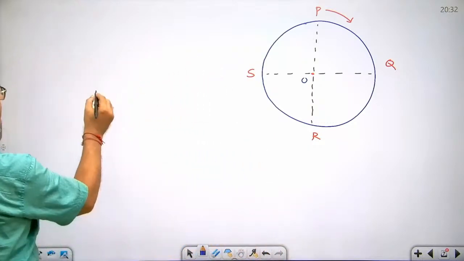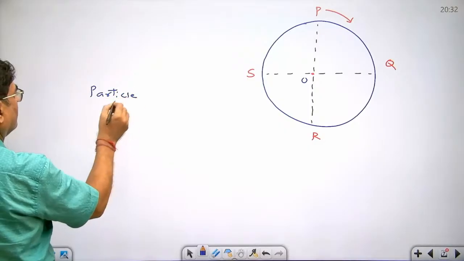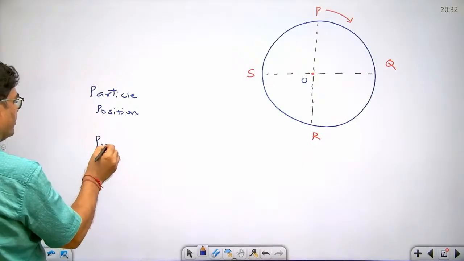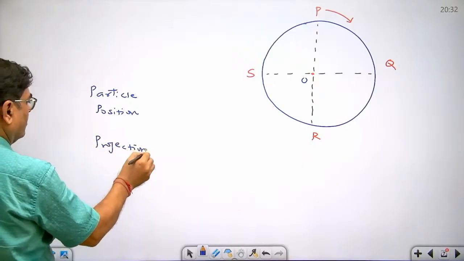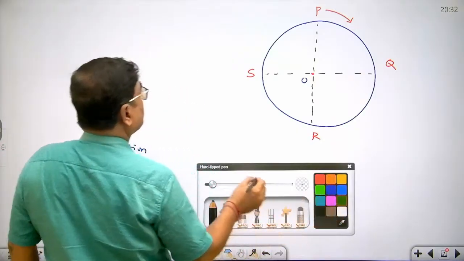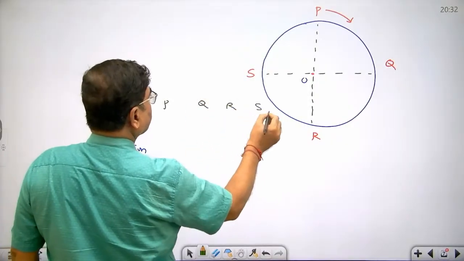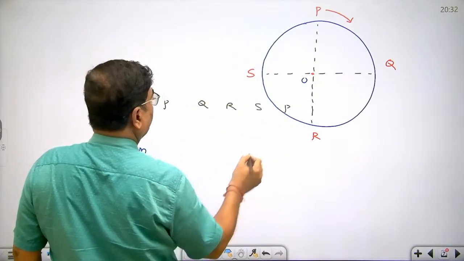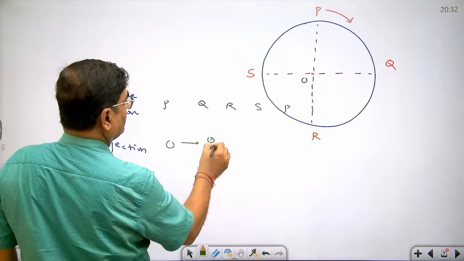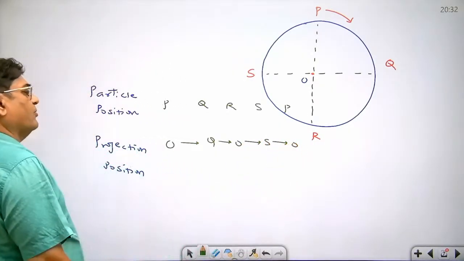Now see, this is the particle position and this is the projection position. The particle is moving from P to Q, Q to R, R to S, then S to P. And the projection is moving from O to Q, then Q to O, O to S, and S to O. This is the motion of the projection, okay?